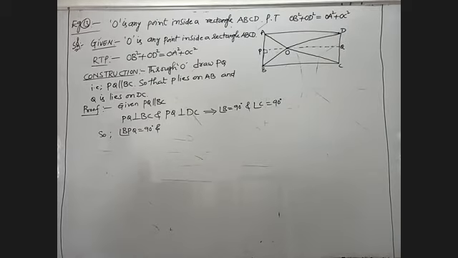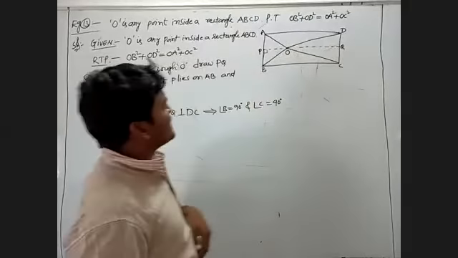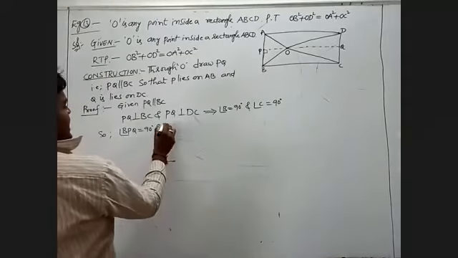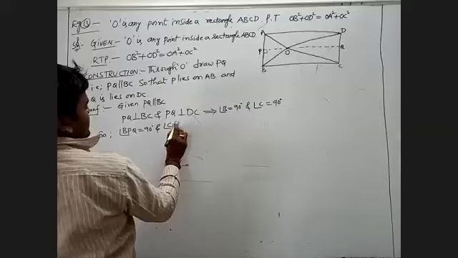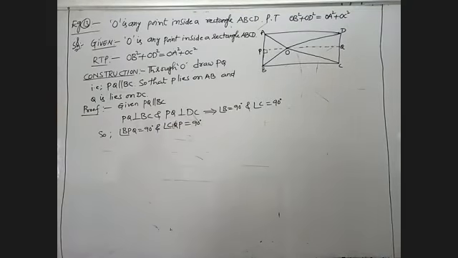BPQ, angle P is 90 degrees, as well as angle CQP. CQP is also 90 degrees. Angle BPQ is also 90 degrees. Angle CQP is also 90 degrees.